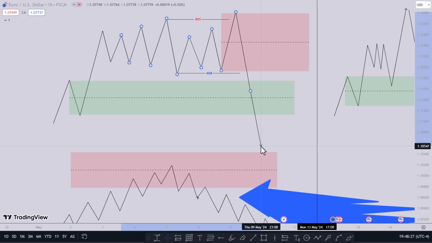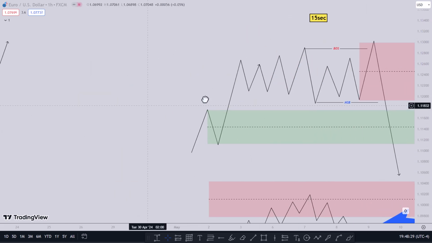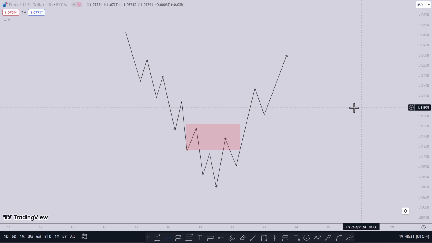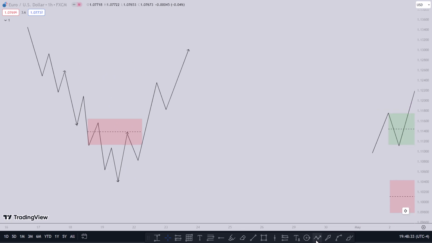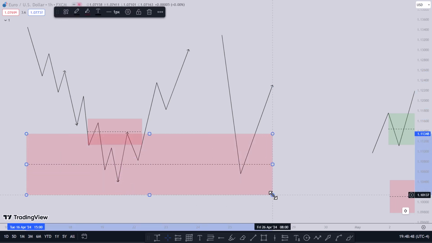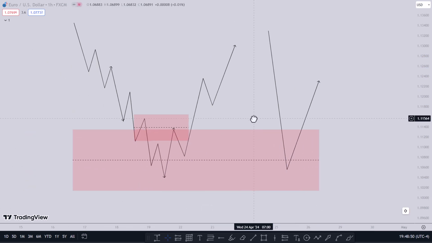It's just going to keep going down and down and down. So why this happens is that this flip or this failure happened because on a higher time frame, price after the expansion is going to need to retrace after hitting some kind of point of interest here. So you need to pay attention.